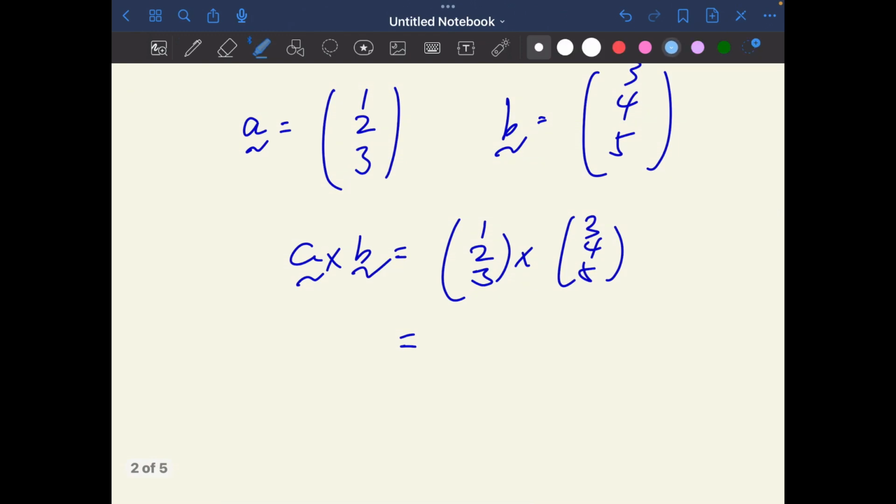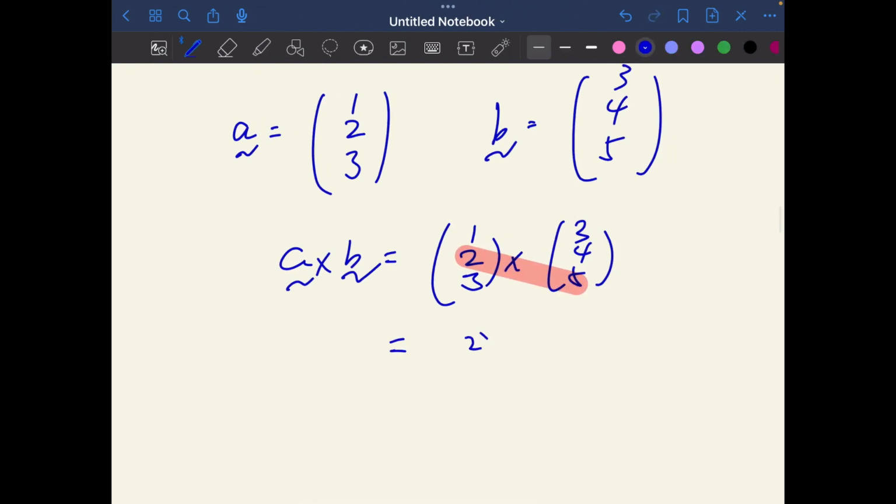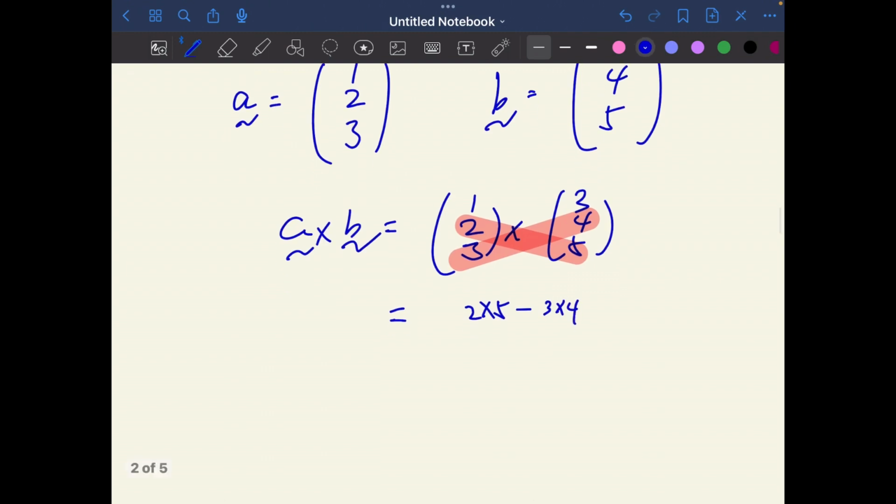Looking at the first row and the one below it, 2 times 5 minus 3 times 4 will be the first component of our resultant vector.